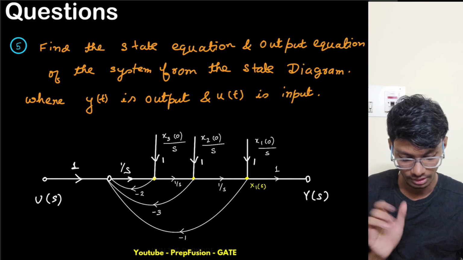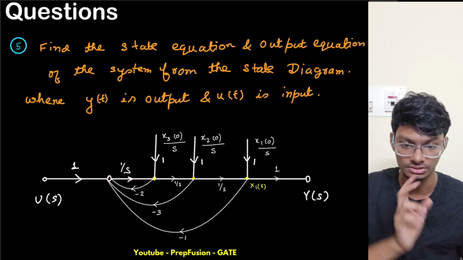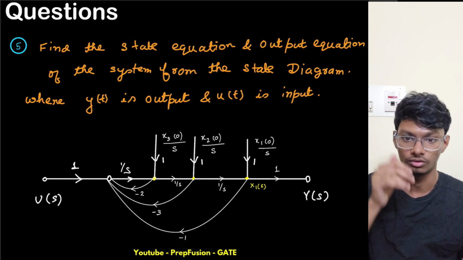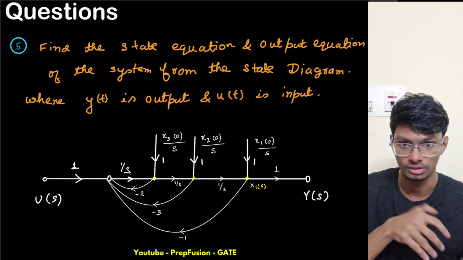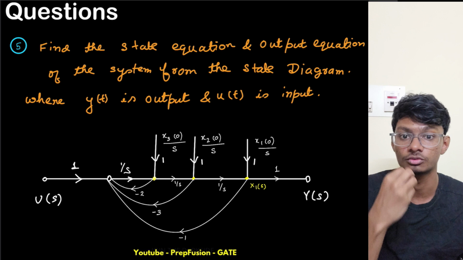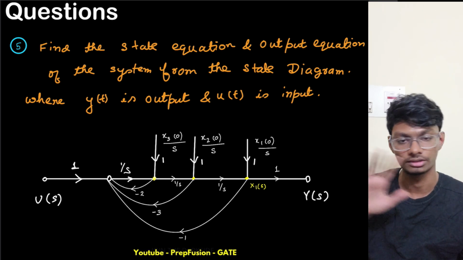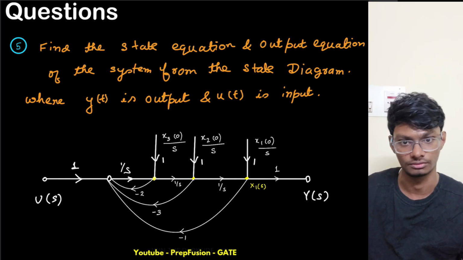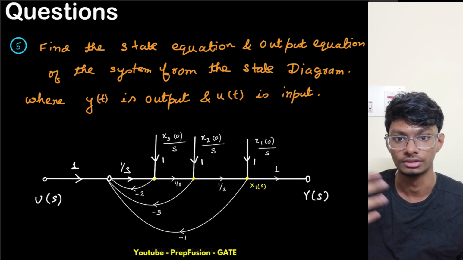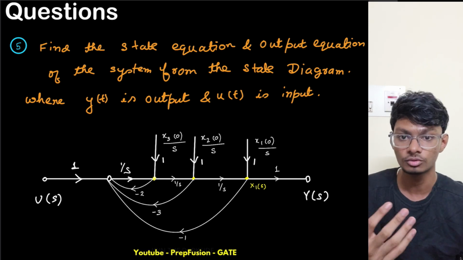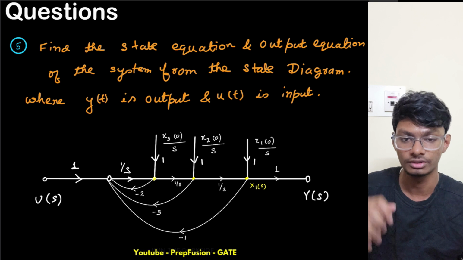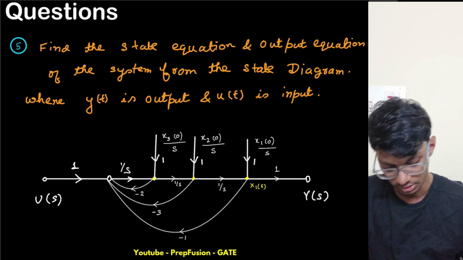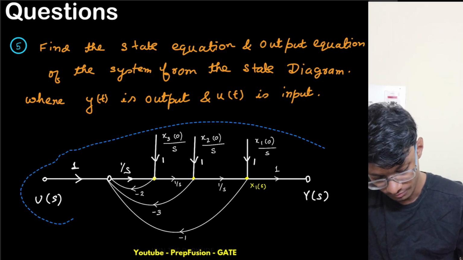We'll take into effect 1 by s with respect to differentiation. All this I will do in a single step only, that's how you should do it in the exam. I solved it in a very thorough manner in the first few lectures. Now I will solve it a bit quickly to explain how you should solve it in an exam when you are very accustomed to this procedure.